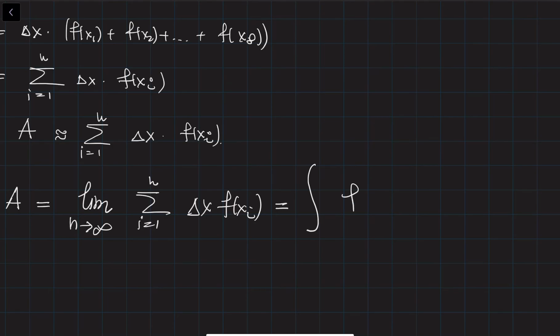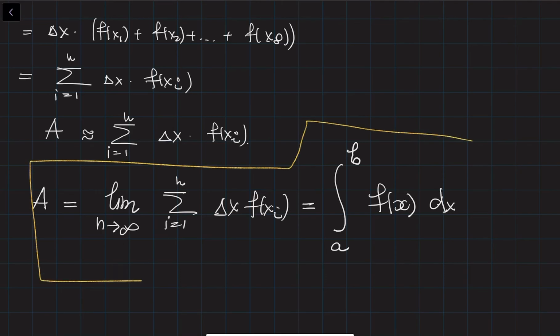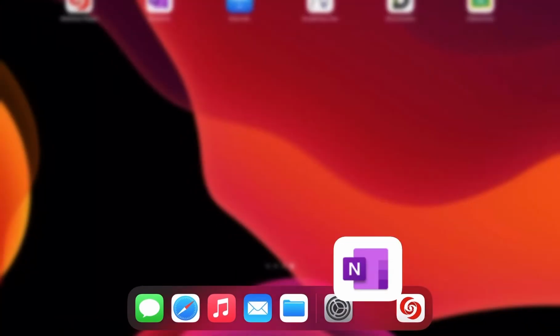So the integration of the function f of x dx from a to b. That's going to be the definition of the integration, and later on we are going to discuss how we actually evaluate this integration. In this lecture, we are simply trying to understand what the integration is. So let's do a couple of numerical simulations to try to understand this concept with some illustrations.